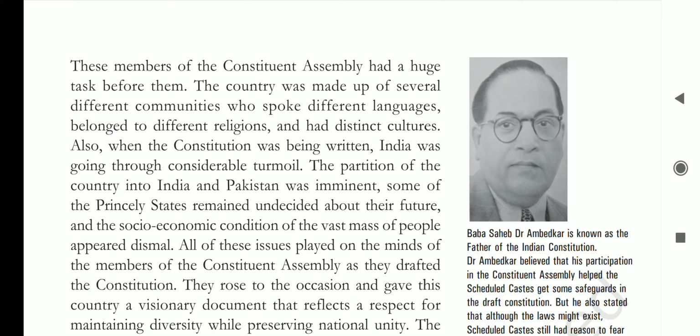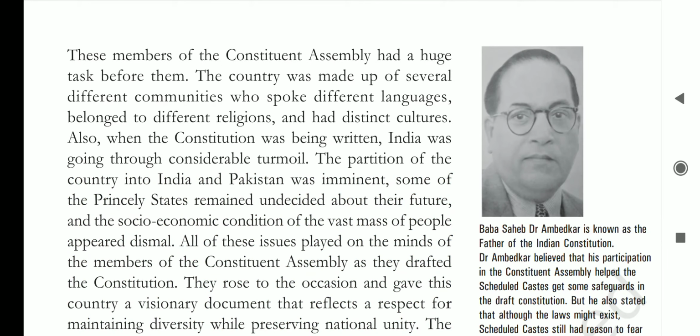They just wanted to give equal rights to everyone. This was not an easy task. It was very tough, and they had to make the Indian Constitution keeping in mind that all Indians are equal.